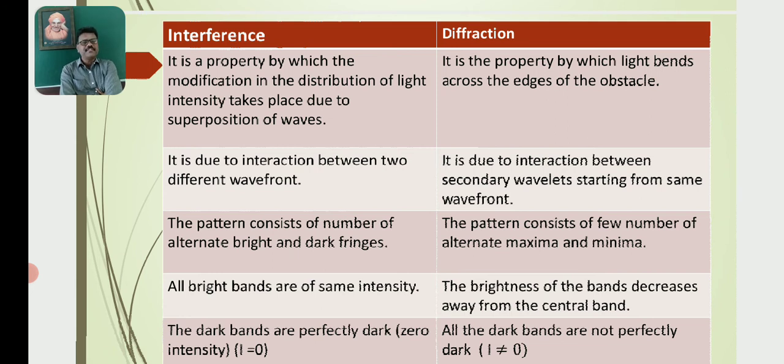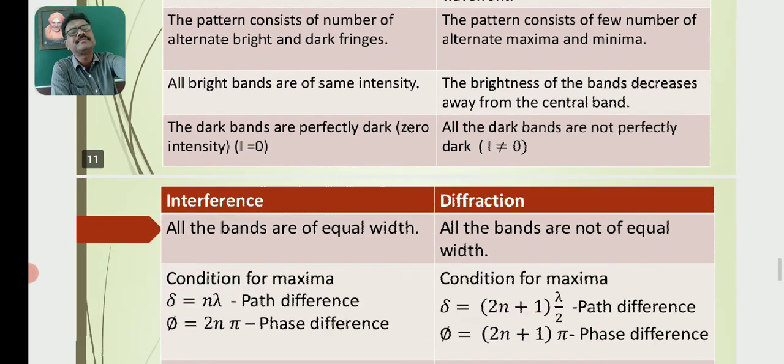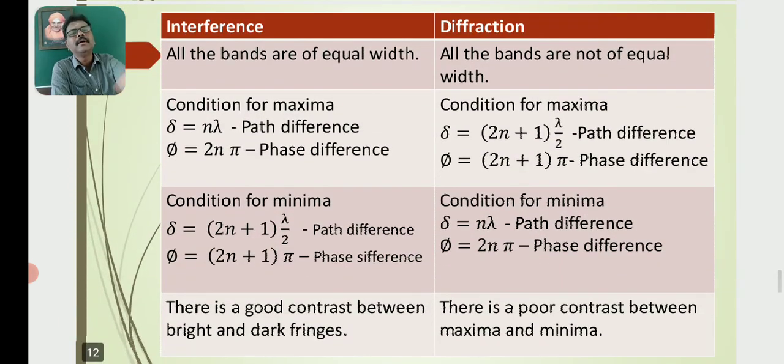But in diffraction, the dark bands are not perfectly dark, I is not equal to 0, but they are of minimum intensity. All the bands are of equal width in the interference pattern. All the bands are not of equal width in the diffraction pattern.